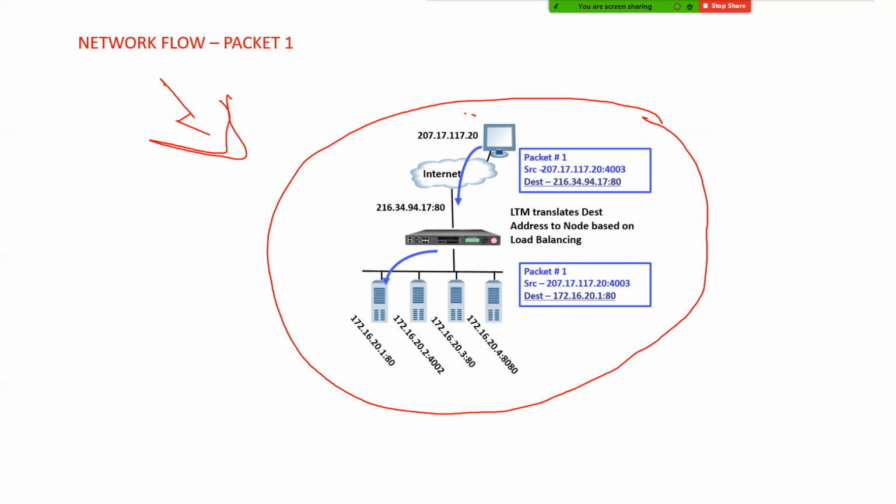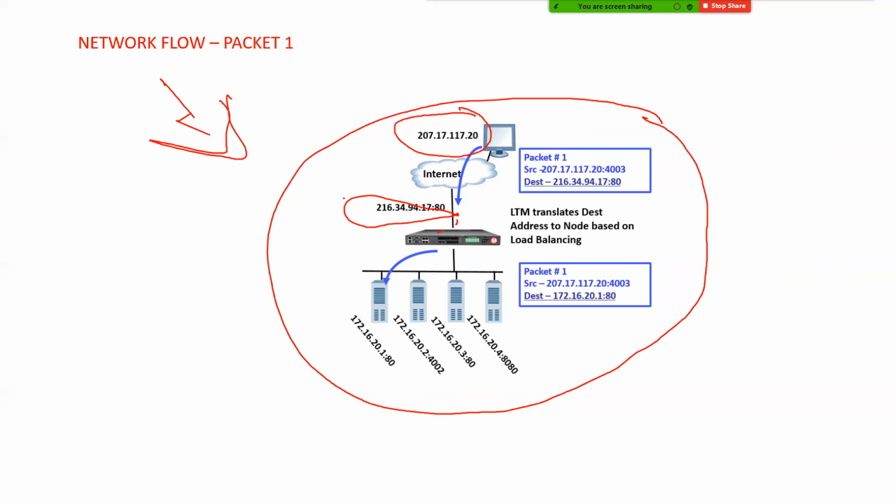Let's say we have a browser with IP address 207.17.117.20. He wants to access a web which is on IP address 216.34.94.17 colon 80. It can be on port 80 or it can be on port 443.